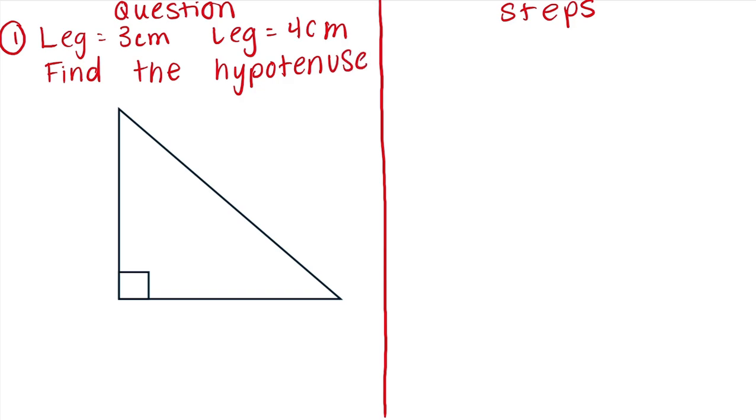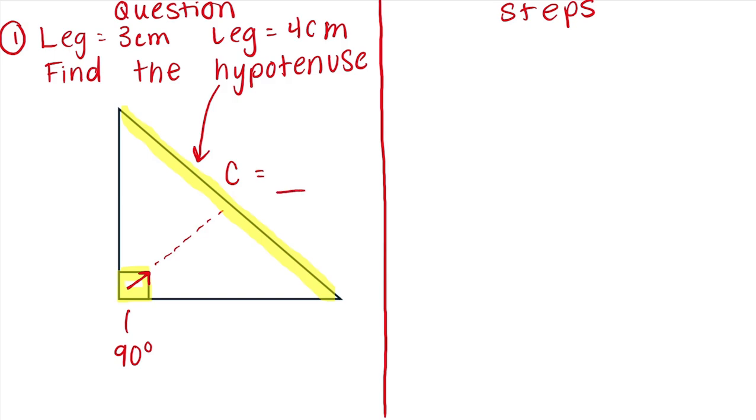Again, the hypotenuse is always on the opposite side of the 90-degree angle. So there's my right angle, 90 degrees. And so if I imagine it as an arrow pointing to the hypotenuse from the corner, my hypotenuse is here, and that will be C. So when they ask me to find my hypotenuse, here it is.